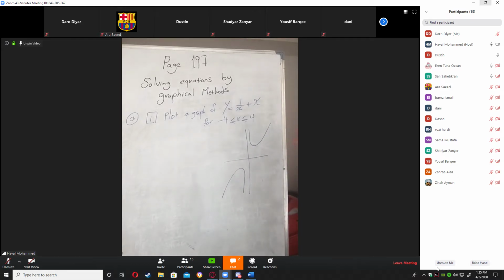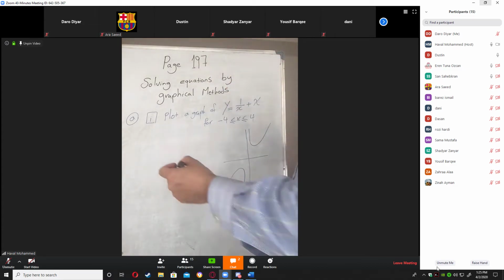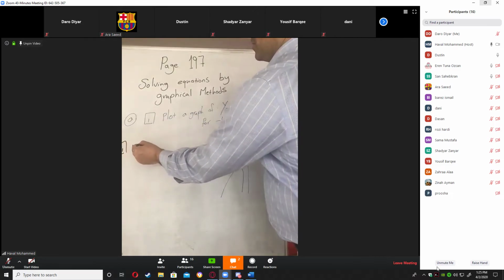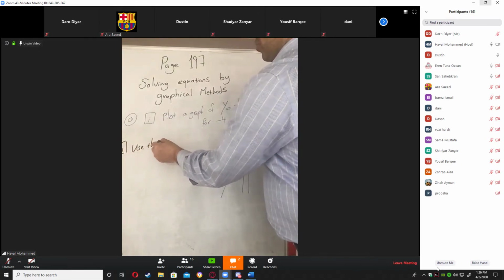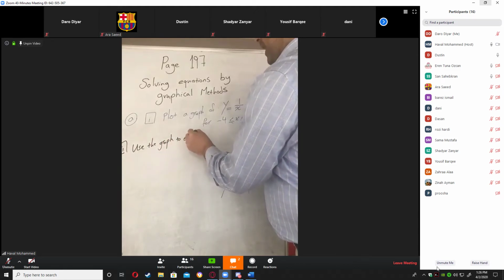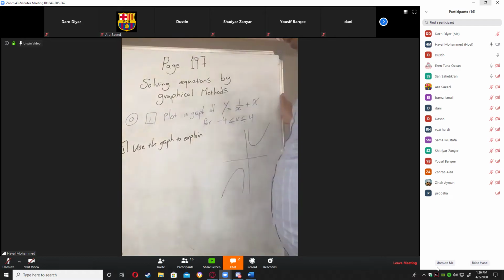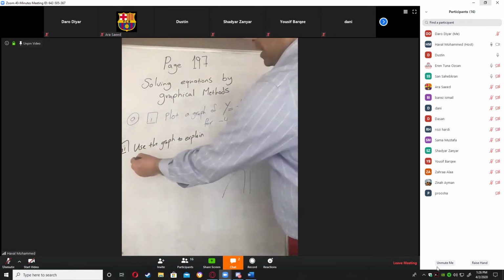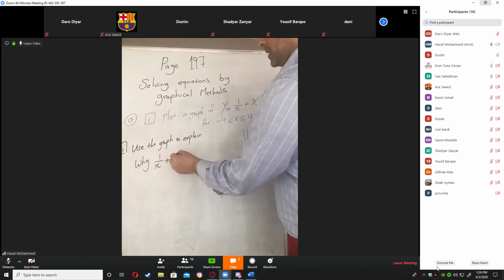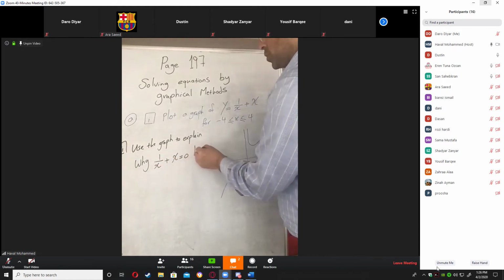Now, part (ii). What is part (ii) saying? Use the graph to explain why 1 over x plus x equals 0 has no solution.